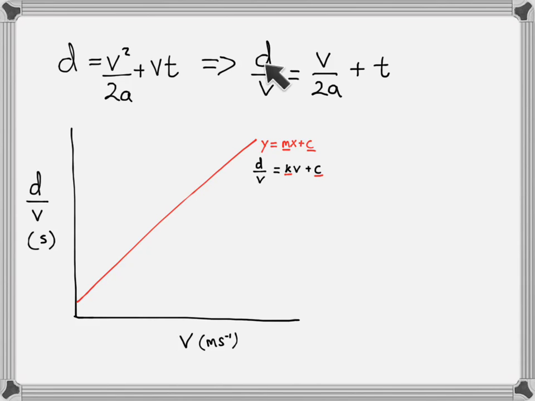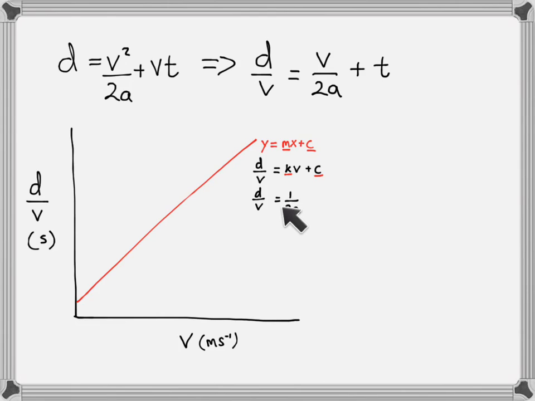Now I've rearranged this formula into a form where it matches the equation of my line. It's in the form y equals something times v plus some constant c, and in this case, it's the thinking time t. So it's in the form y equals mx plus c. In other words, y, where y equals d over v, is equal to something, and I need to isolate that something.